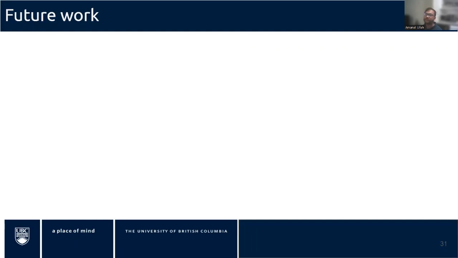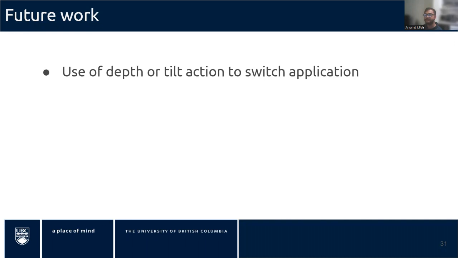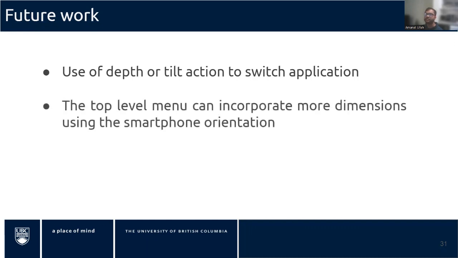For the future work of the paper, they could work on their limitations. Using the depth and the tilt action of the smartphone, they could switch the application or do an action in multiple axes. And also the top level menu can incorporate multiple dimensions.